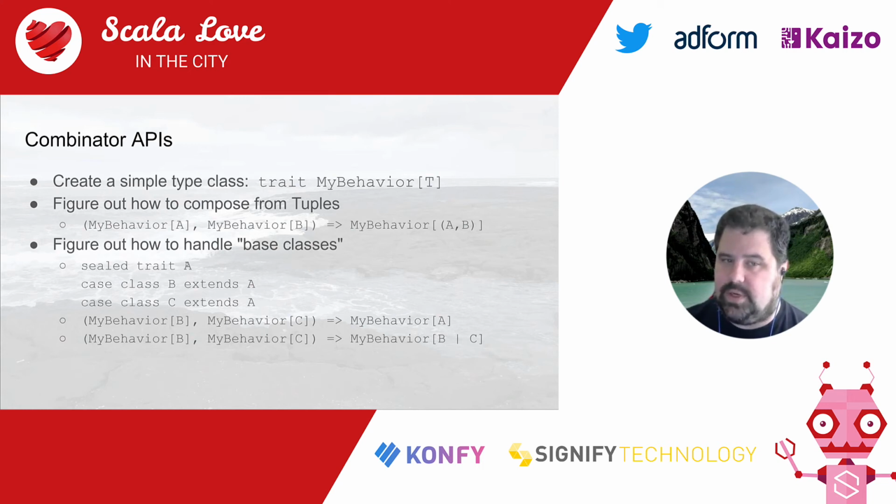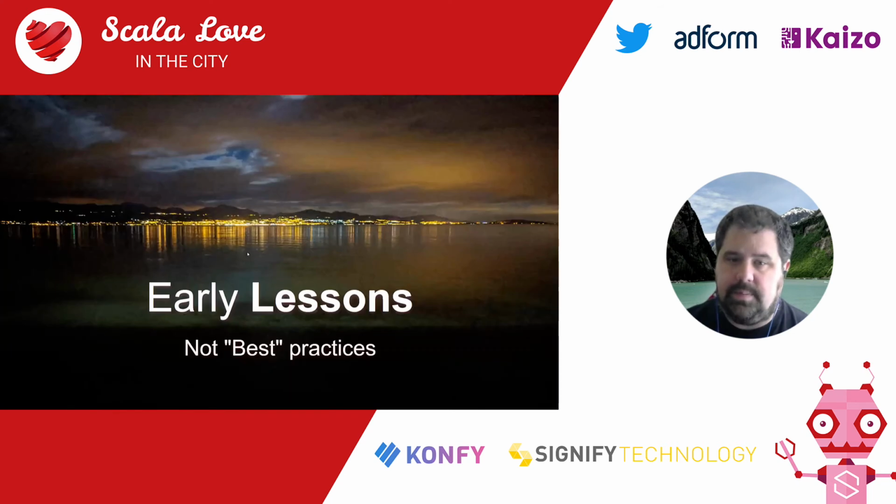So if I have a sealed trait A, case class B extends A, case class C extends A, I need a way to take B and C and create MyBehavior of A. Or if you're cool Scala-y, you can say B or C. Fun, right? But I need this way of composing my things together, and then I can start doing type class derivation. Not every type class actually can automatically do this, so it only applies to some.